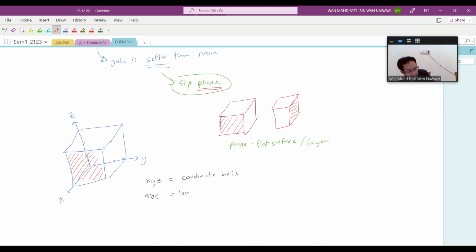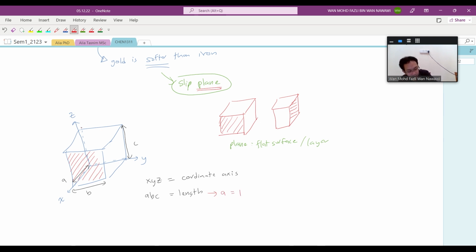ABC is like length. This is A, the length from here to here; this is B, the length from here to here; and the length from here to here, the cube itself, is C. If you look at this plane, which is in the front of the cube, along X or A it has a length of 1.